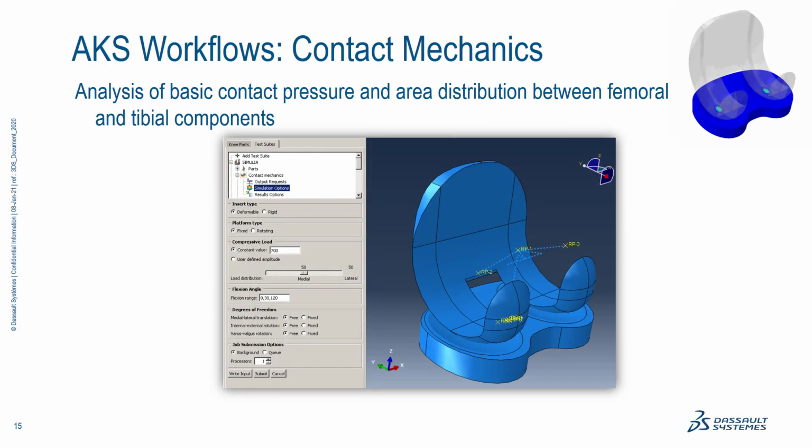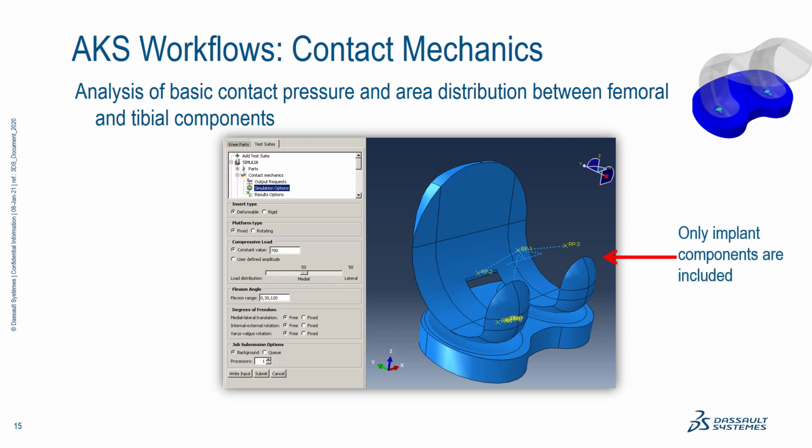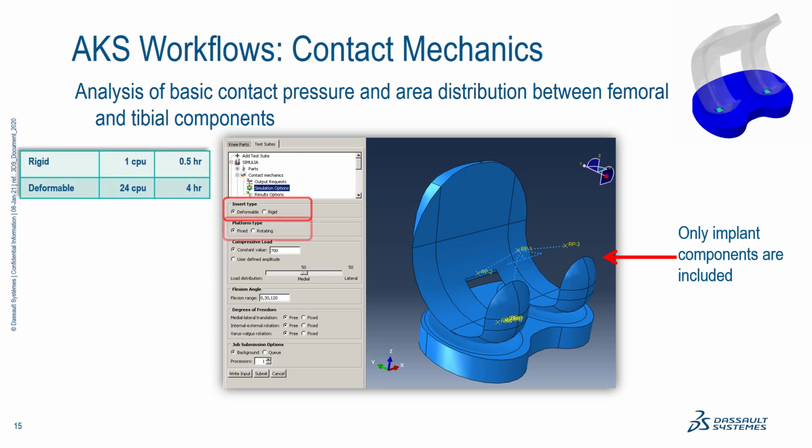So let's talk about contact mechanics. Here we can analyze the basic contact pressure and area distribution between the femoral and tibial components. We have the ability to include only the implant, to set it as deformable, and of course the platform type, whether it's fixed or rotating, the compressive load, and we can also choose the flexion angles.